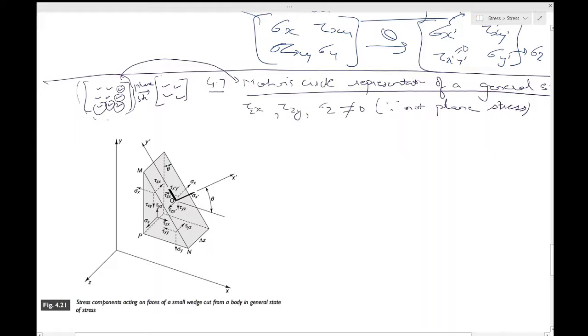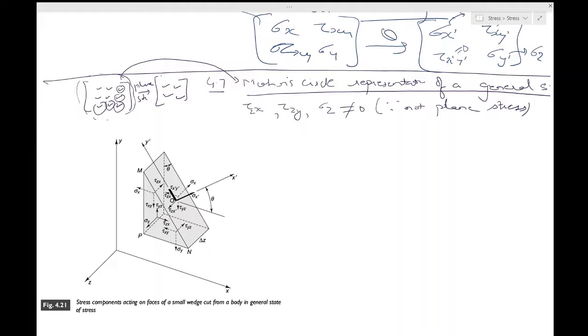Now further let us suppose that we again wish to find the stress components associated with the plane whose normal x dash lies in the xy plane and makes an angle theta with the x-axis.